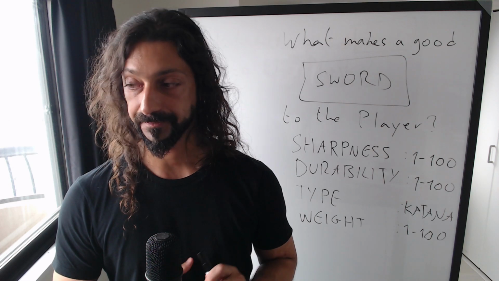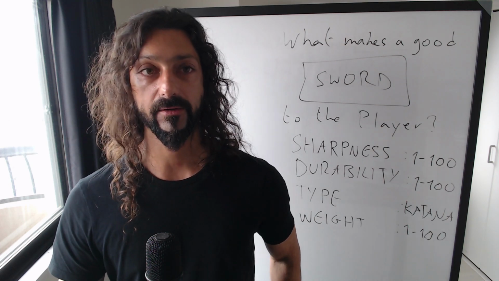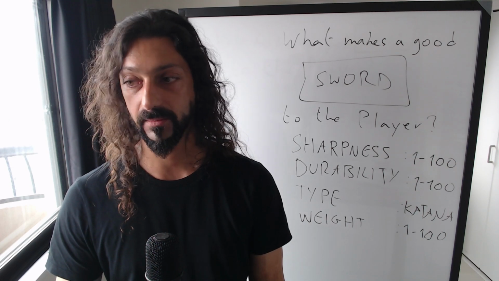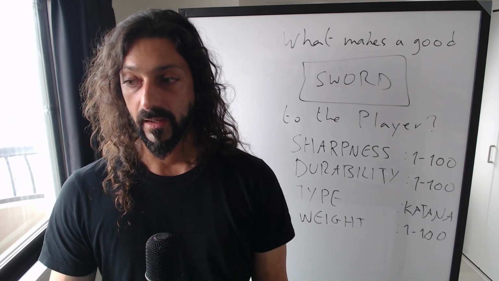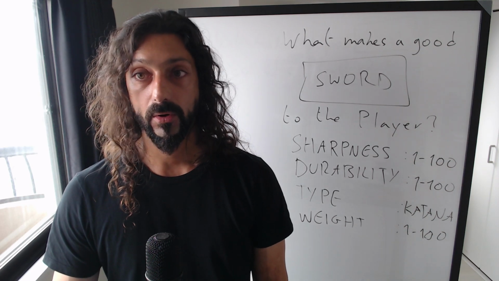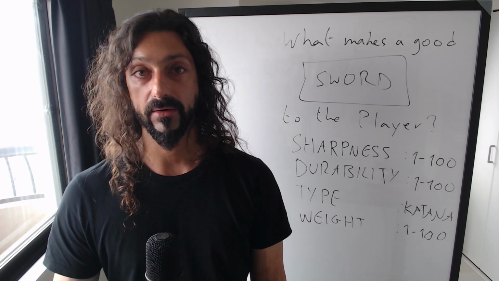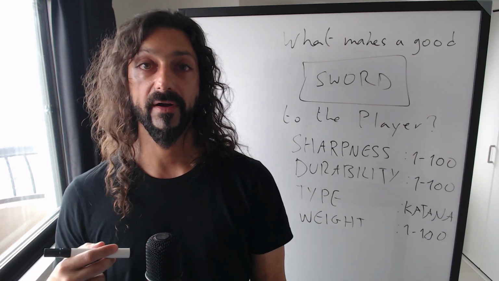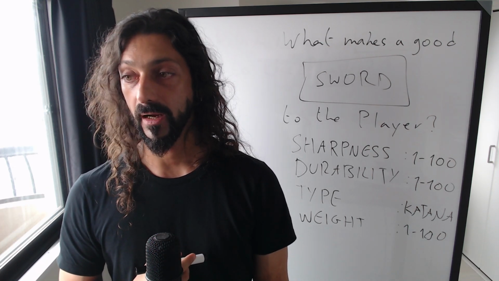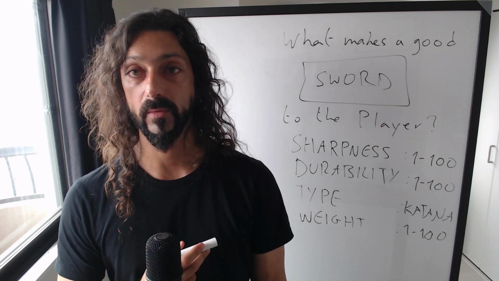And finally, the weight. So the weight can be interesting in multiple ways. In most games it's important because you want to know if it's light enough to be carried in your inventory on top of everything else that you're already carrying. So that's one reason why we need to know in this case.